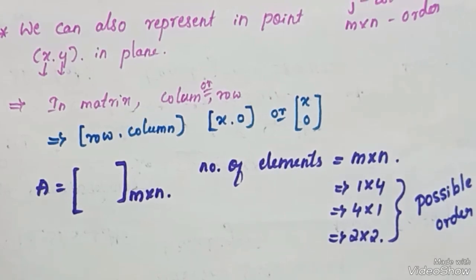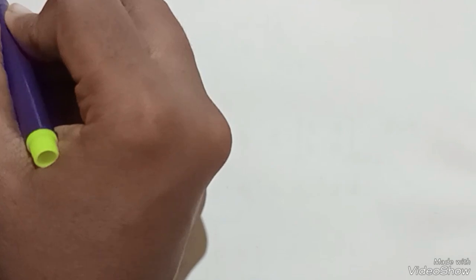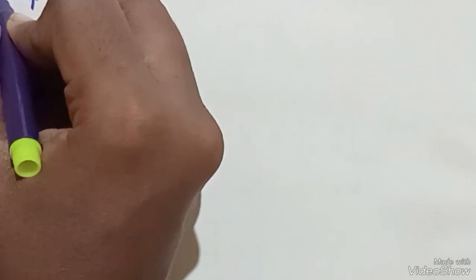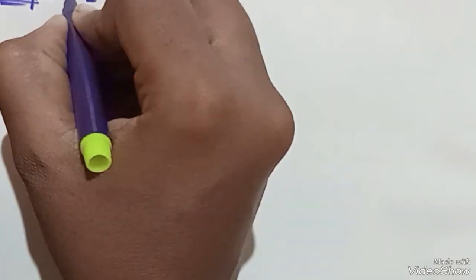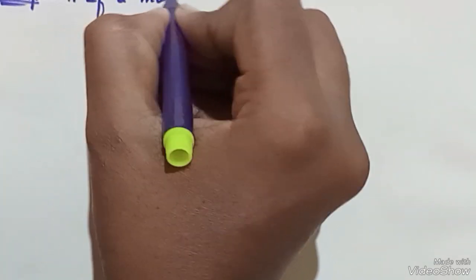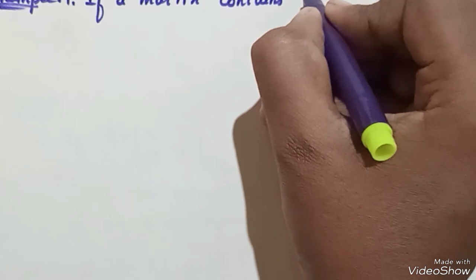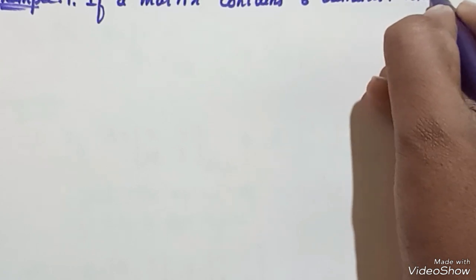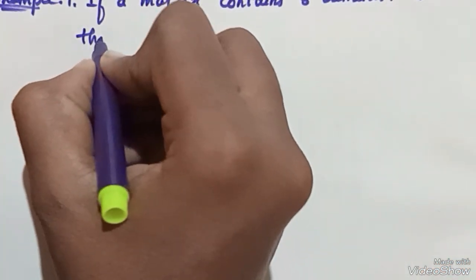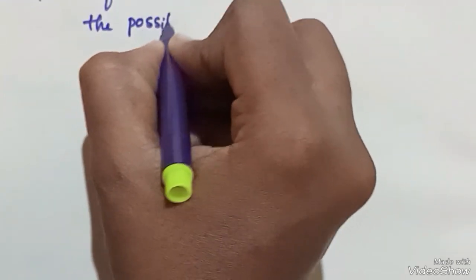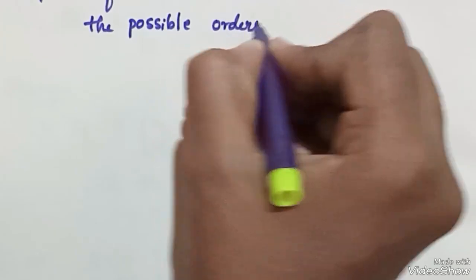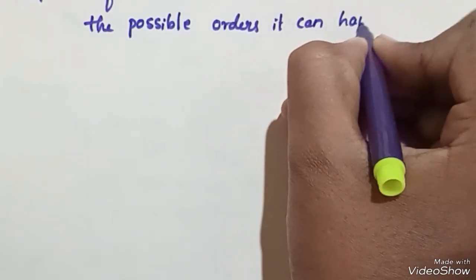Now we have an example question. Example 1: if a matrix contains 8 elements, then what are the possible orders it can have?